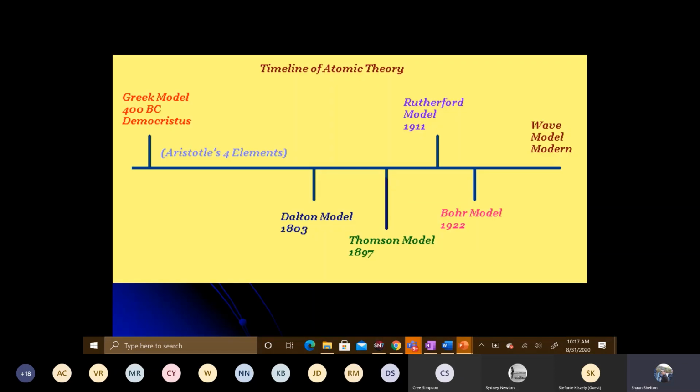So the timeline basically looks like this. You have the Greek era, then there's a lot of absence between Democritus and Dalton's model. Dalton's model we'll get to in just a few minutes. There's another reason besides Aristotle and Plato: religious background.